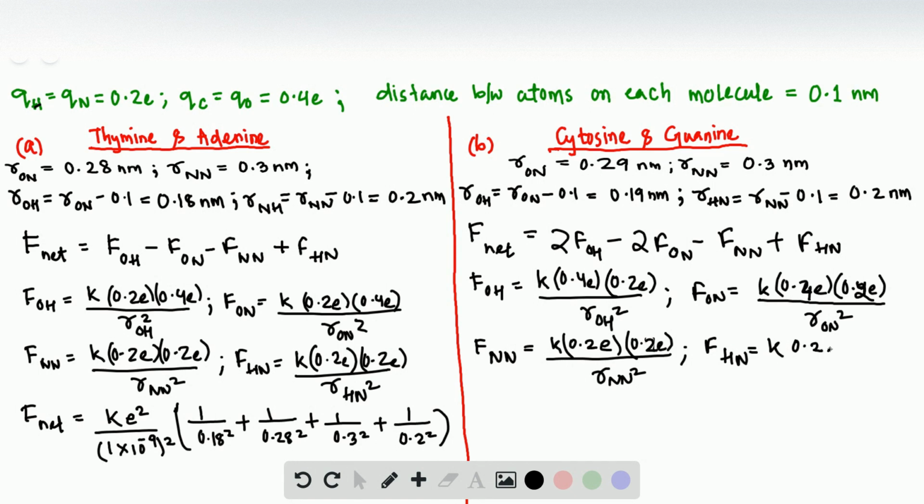So it will be 0.2 e times 0.2 e over RHN square.